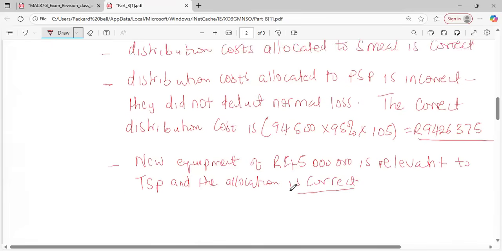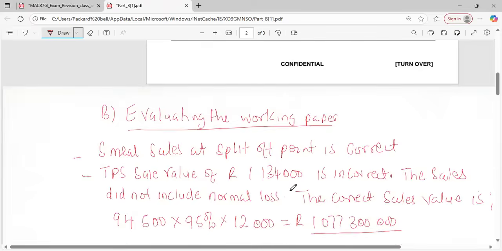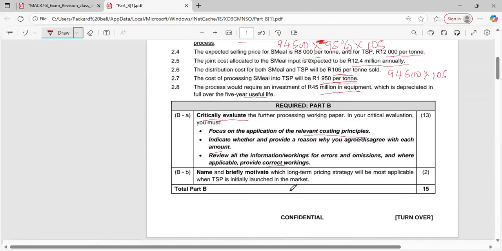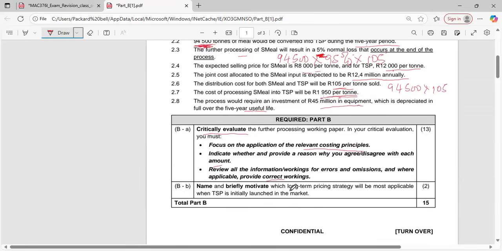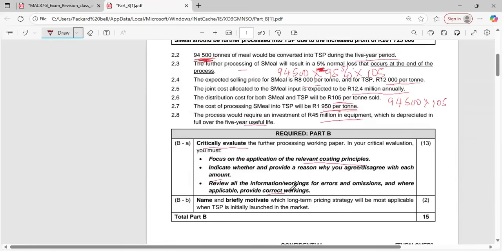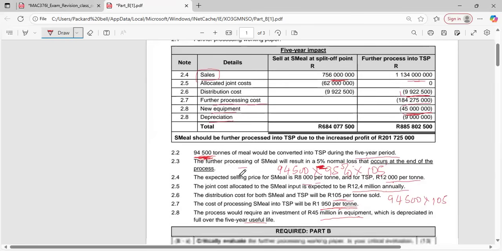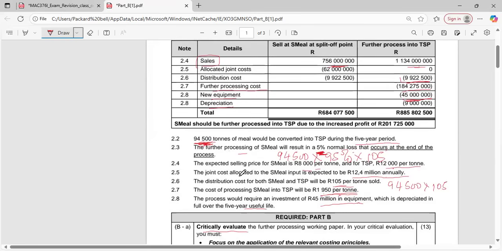But then let's look at the last one there. I think we're almost there. The last one is, we should always look at the working paper. Depreciation. Let's look at what they say about depreciation.